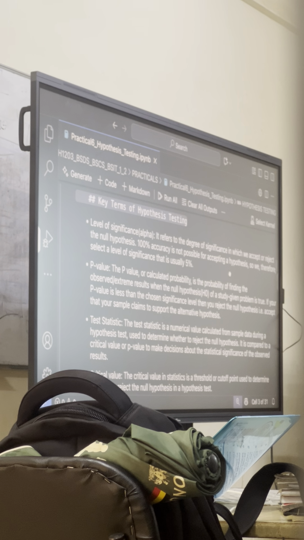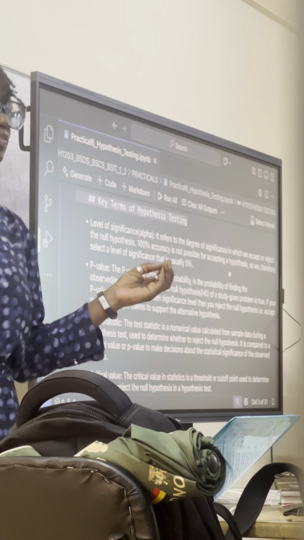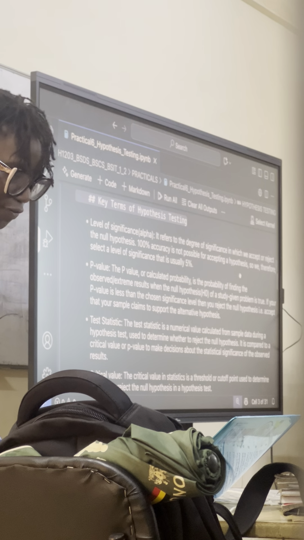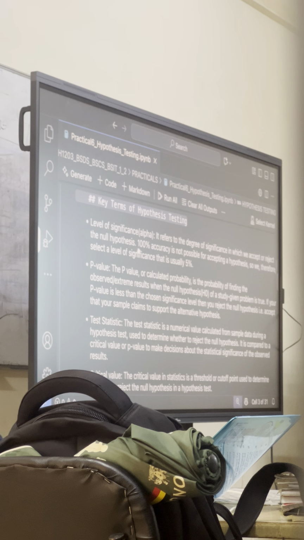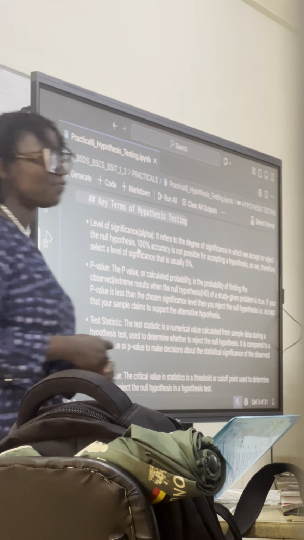If you have 100% accuracy, as I've written it here, it is not possible to have an alpha of 100%. You may have 99.99%. And perhaps you have that high that it's not possible to accept a hypothesis. Therefore, we select a level of significance that is usually at 5%.